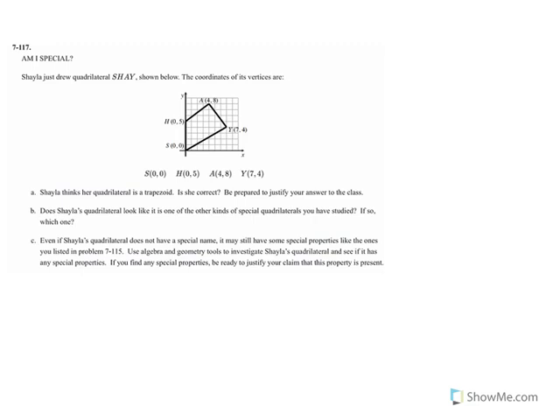If this is a trapezoid, that means that SY needs to be parallel to HA. So that's what we're going to find out if that is true or not. So if they're parallel, then they should have the same slope. And we can see from H to A, our rise is 3 and our run is 4.